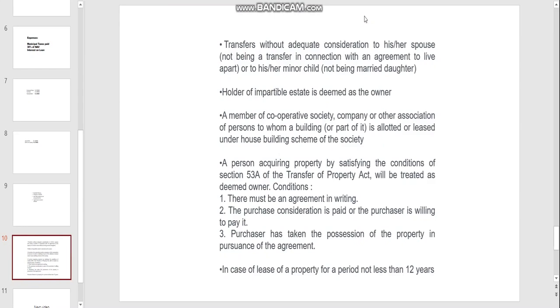In this case, that transfer will be disregarded and the property income will be taxable in the hands of the transferor who was the original owner of the flat or property.